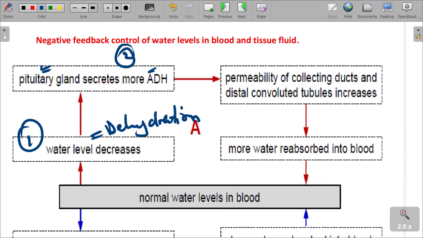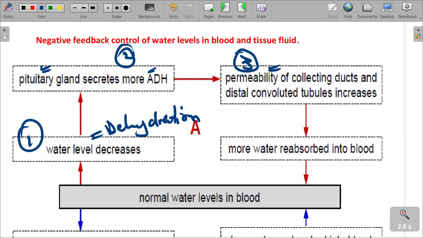So what happens at the next stage? Number three, we are saying that the permeability of the collecting ducts and distal convoluted tubules increases in terms of what? The ability of water to be absorbed.